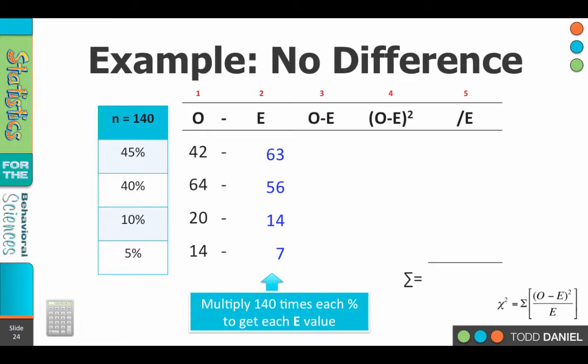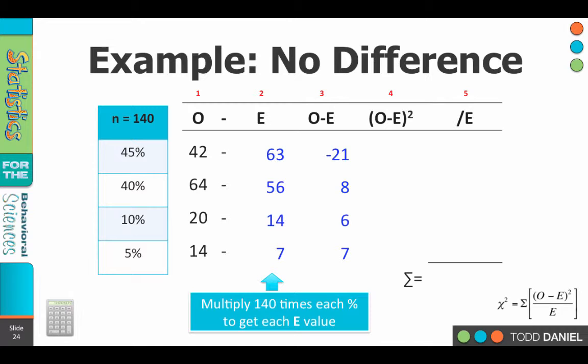Now, the rest of the procedure works exactly the same as we've already learned. To fill in column 3, take the observed value, subtract the expected value, and write down the answer. 42 minus 63 is a negative 21. 64 minus 56 is 8. 20 minus 14 is 6. 14 minus 7 is 7.